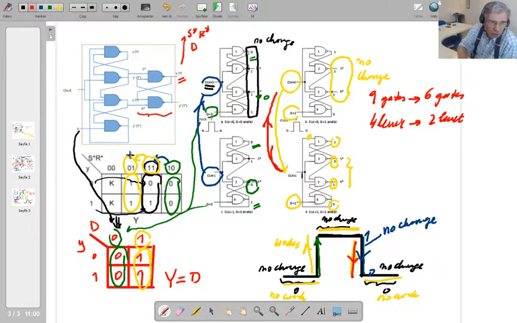So that means you're going to come back to that 1, 1 again. When you come to that 1, 1, your present state is the same as the next state, no change. So no change here. And no change was already here.